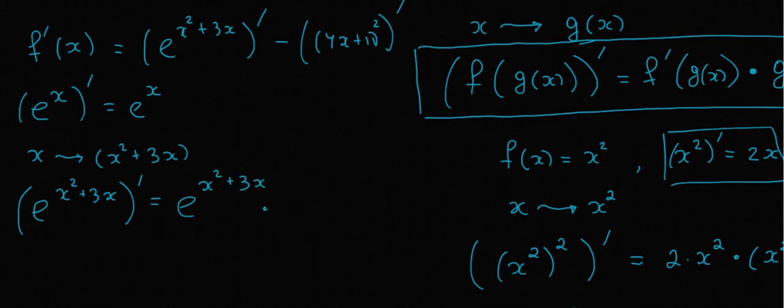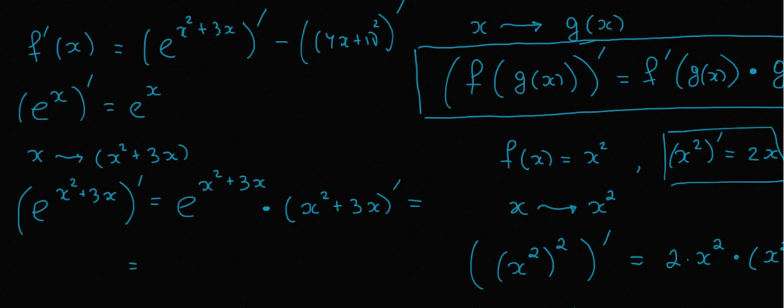But now we need to multiply this by the derivative of what we are replacing x with. In other words, we need to multiply this by the derivative of x squared plus 3x, but this derivative is easy to calculate by the power rule.